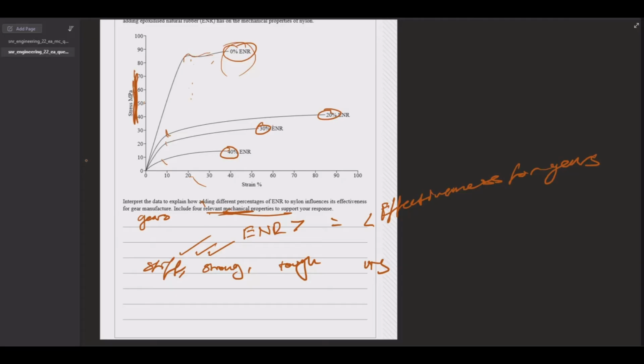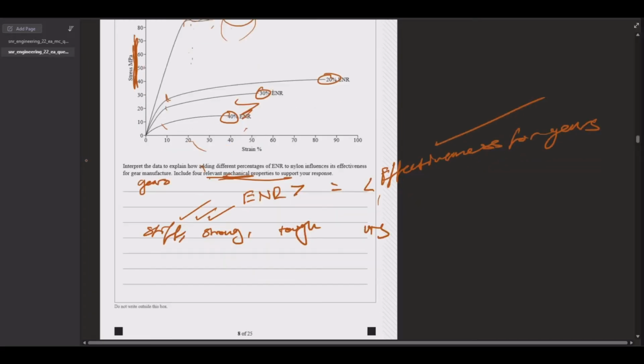I don't think necessarily plasticity, but that's very specific. But just mentioning that the toughness overall... It doesn't necessarily also increase its plasticity, so I'm not sure that's a valid answer. Explains that ENR reduces nylon's effectiveness as a material for gear manufacture. So we've done that as well.